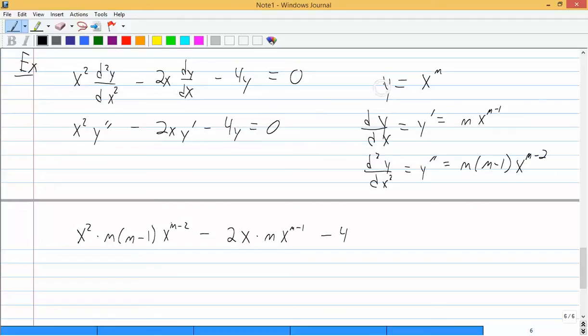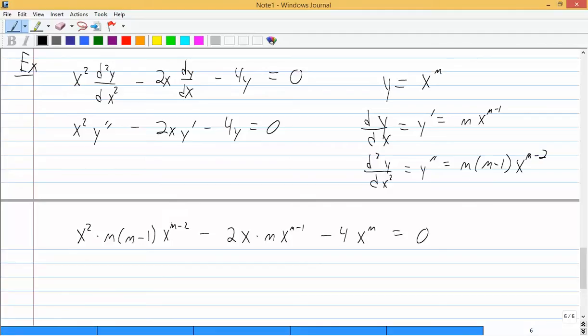We said we want to let the solution equal x to the m. So where I have a y, I'm plugging in x to the m, sorry, I said m to the x, I meant x to the m. All right. So if we plugged all of those in, we would have that.